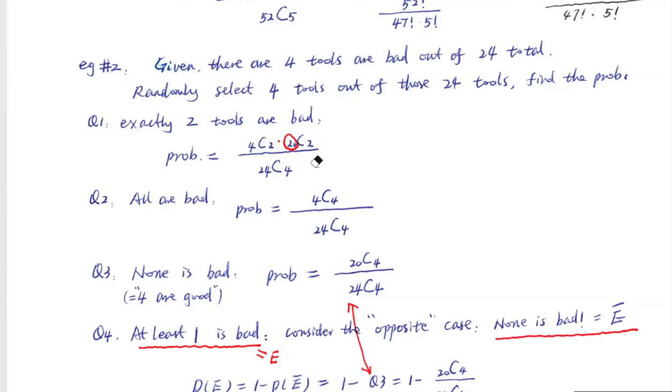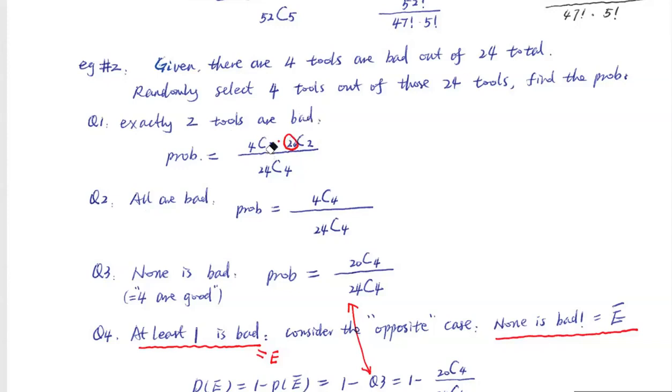Any questions? Is that clear? What we are trying to do here is step by step. Be careful with the numerator. We are breaking that into 2 steps. First step, we want to select 2 tools, and we want them to be bad. How many choices do we have?